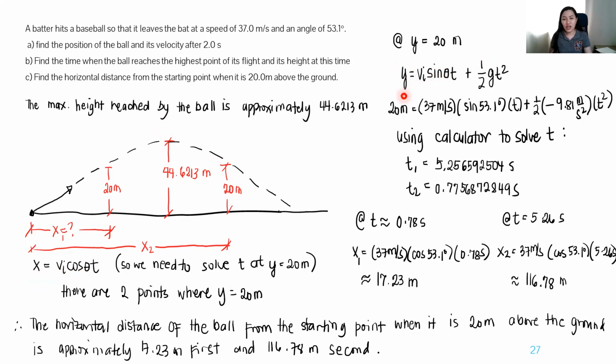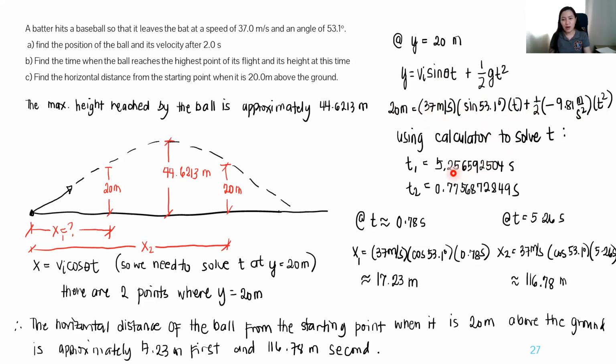So just substitute the y, which is 20 meters, our initial velocity 37 meters per second, and then sine of our launch angle 53.1 degrees, and then our unknown variable is t, plus 1/2 times negative 9.81 meters per second squared times t squared. And then we can just input these values in our calculator, press mode equation 5, press mode 5.3, and then input.